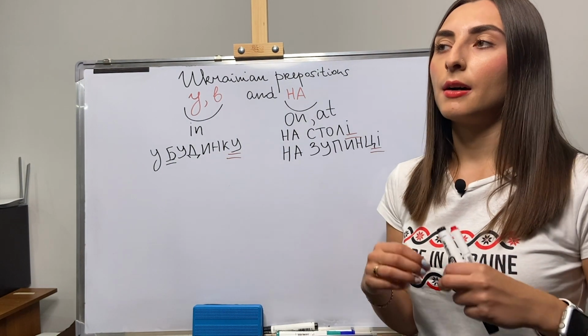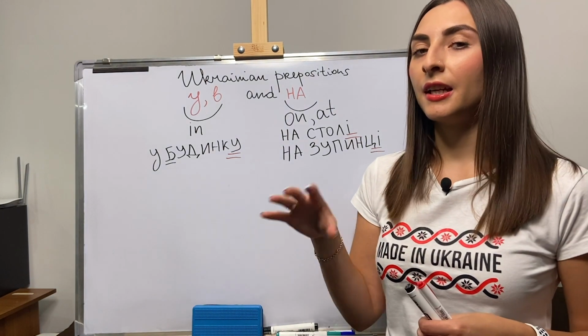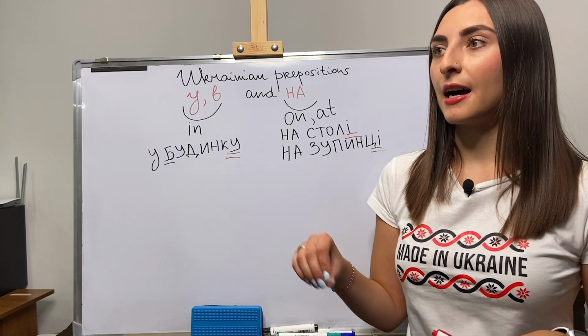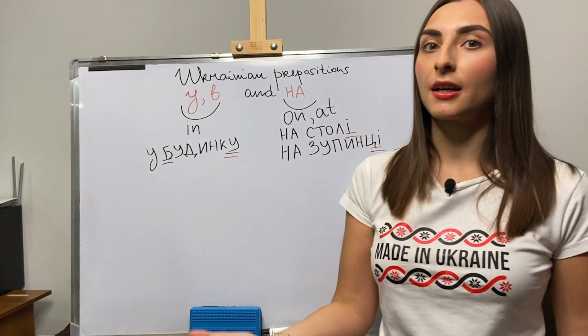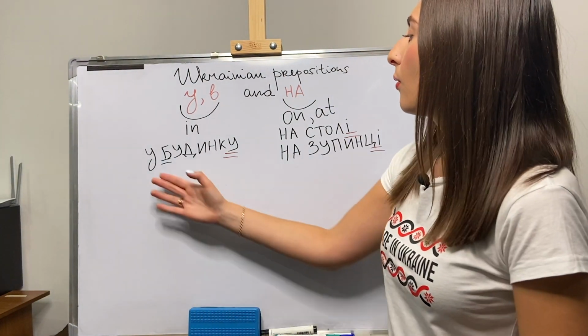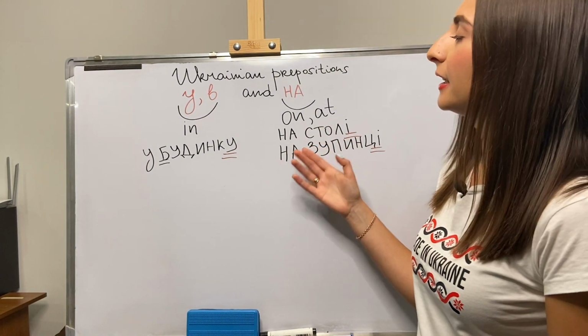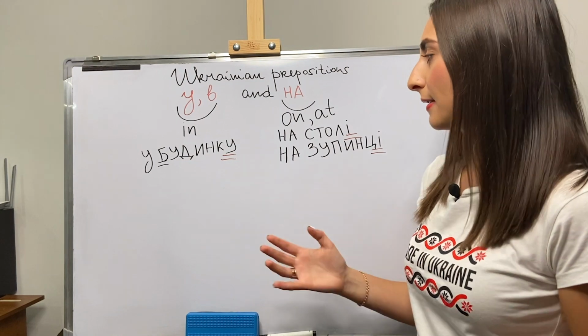The word bus stop is зупинка, but here, according to the rule, we have to change the consonant к in зупинка into ц, and I add the appropriate ending for the locative case. У будинку, in the house, на столі, on the table, на зупинці, at the bus stop.